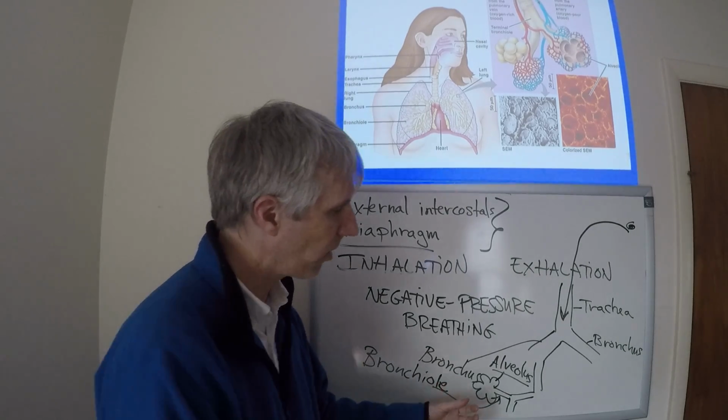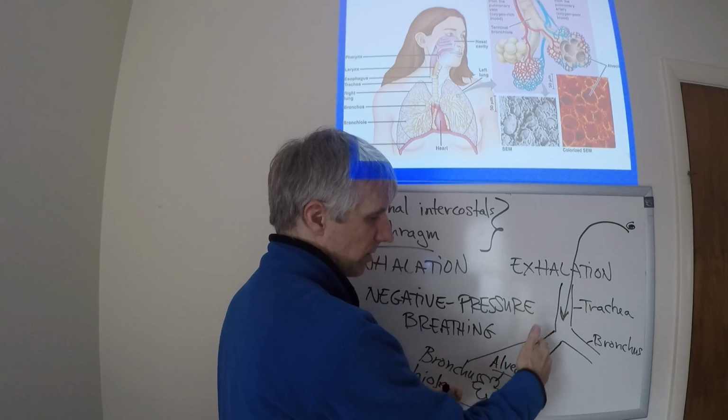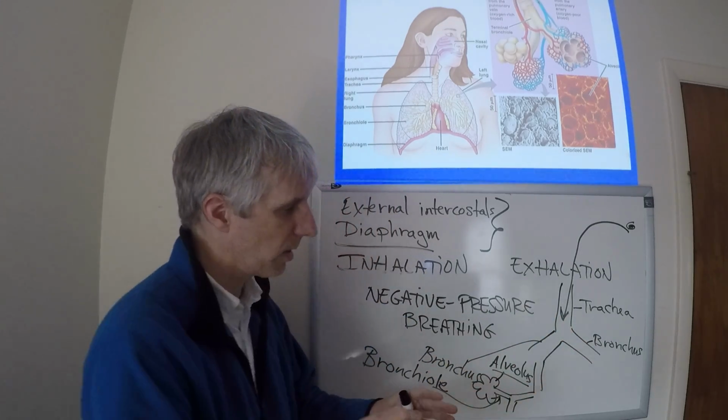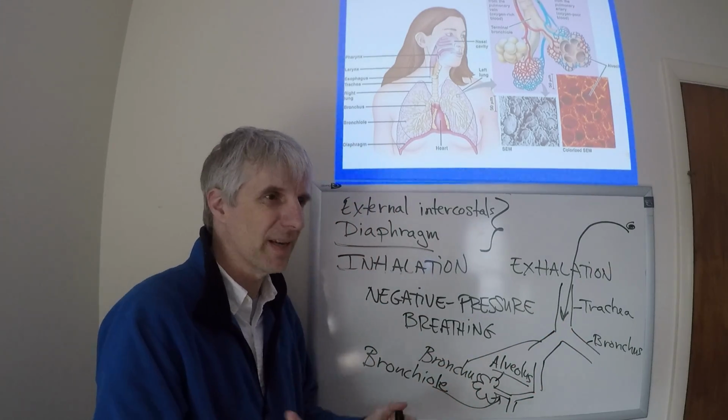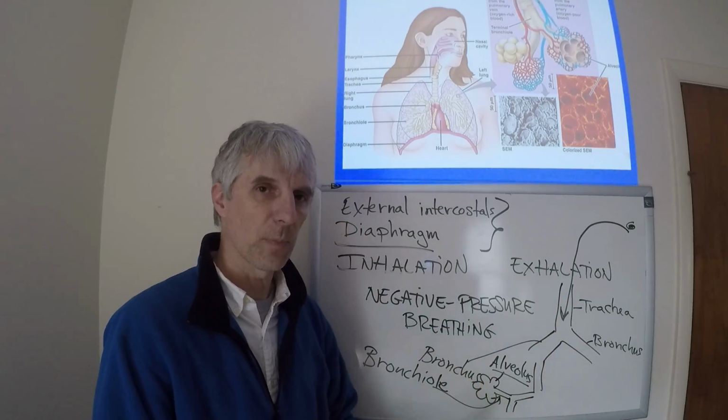If somehow increasing the volume of the thoracic cavity didn't change the pressure in the trachea, the bronchus, the bronchiole, etc., then air wouldn't move in. So these are all now under lower pressure.